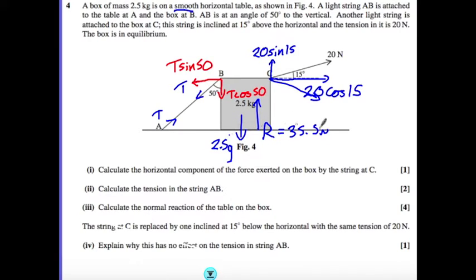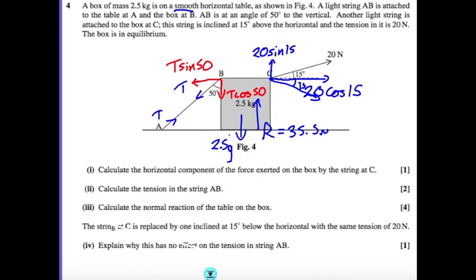What we need to think about here is that the horizontal component is going to be the same, so that's still going to be 20 cos 15, so it's not going to affect the one on this side. And the thing balancing out this tension is this reaction force. So we're already getting a force of 35.5 newtons balancing that out.